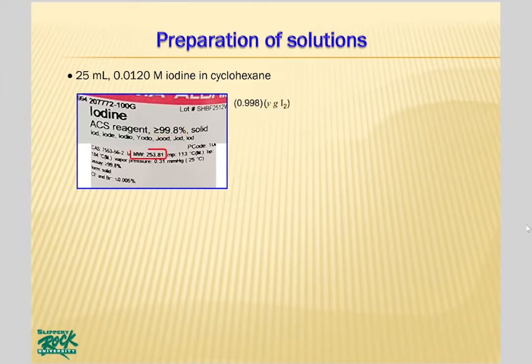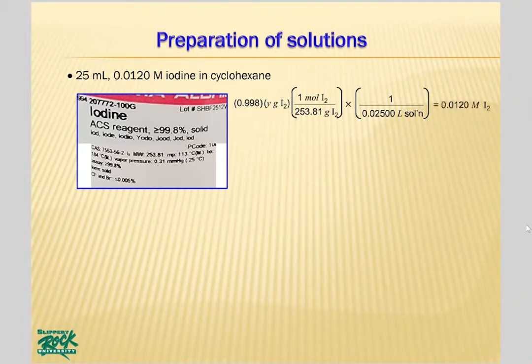The molar mass of iodine converts the gram mass to moles. Divide the moles by the volume of solution, which is 0.02500 liters. This should be equal to 0.0120 molar. Unit gram is cancelled and moles over liter remains, which is equivalent to molar. Solve the equation for Y, and it is 0.0763 grams.